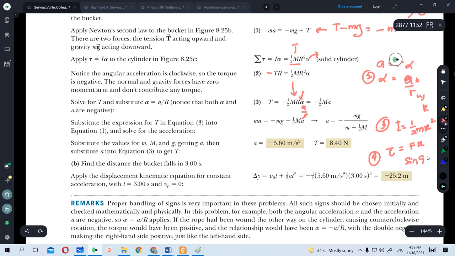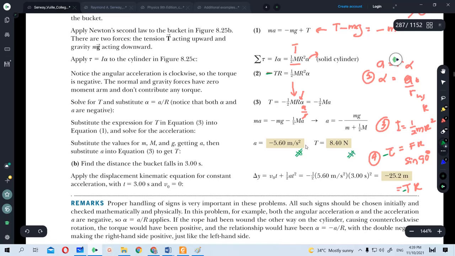When sine is 90 degrees, we don't see its effect. So when you simplify, this torque is tension times R, or R times T. Nevertheless, it's just the same. So substitute, except the torque earlier had a direction, so it has a negative value. Then we simplify and solve it. You are going to arrive at the acceleration and T value.